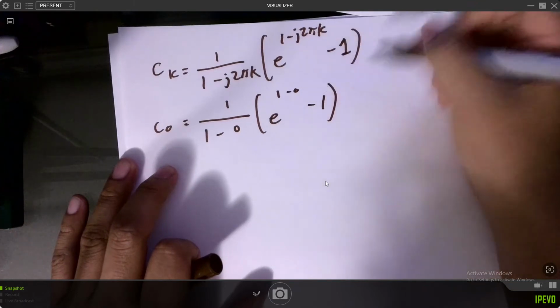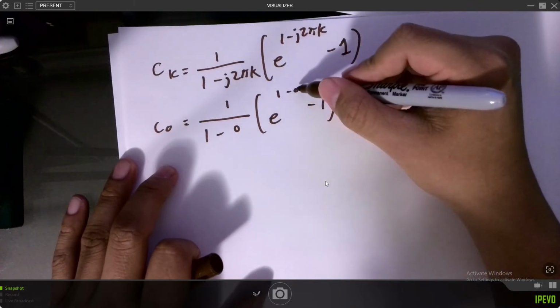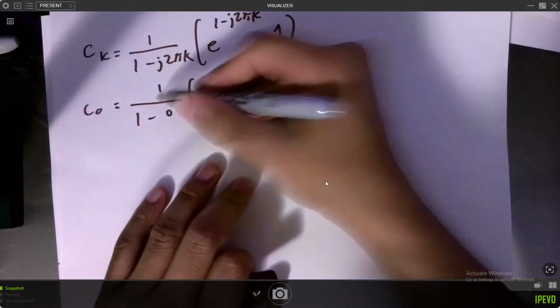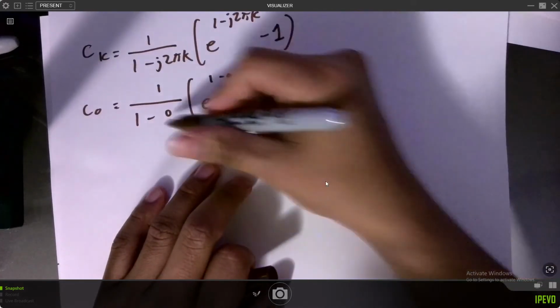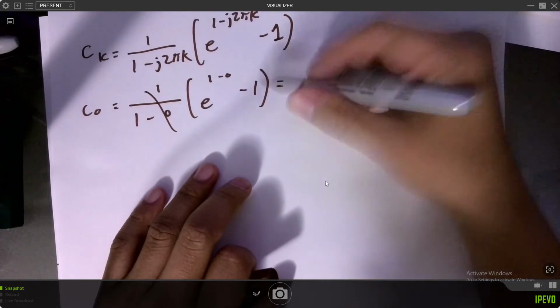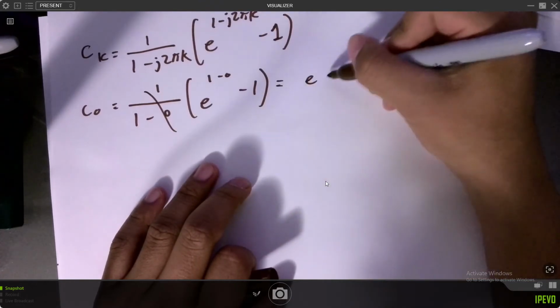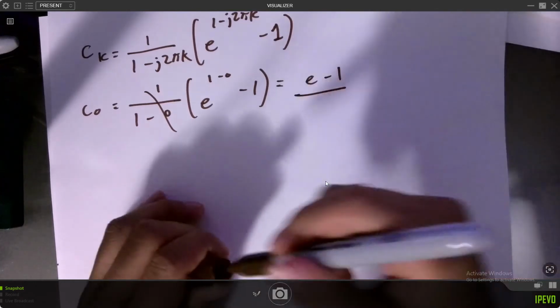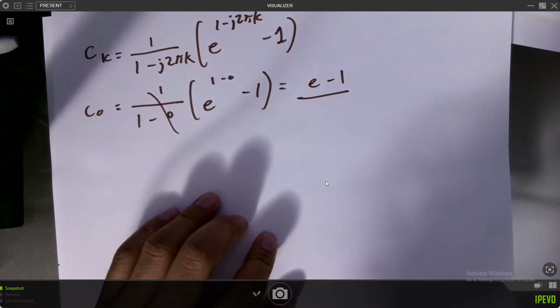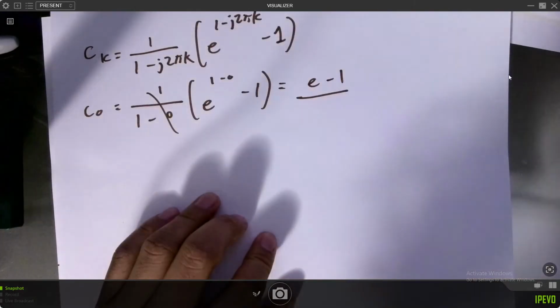I think I made a mistake. Why does this term stay here? e minus 1. Yeah, that can stay. But yes, that's your DC term.